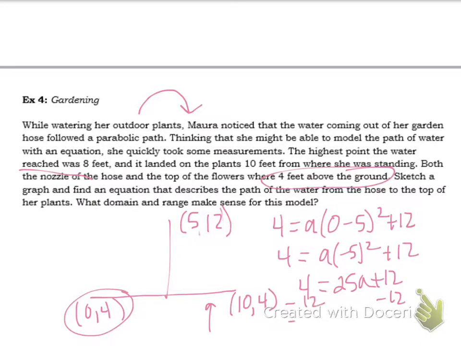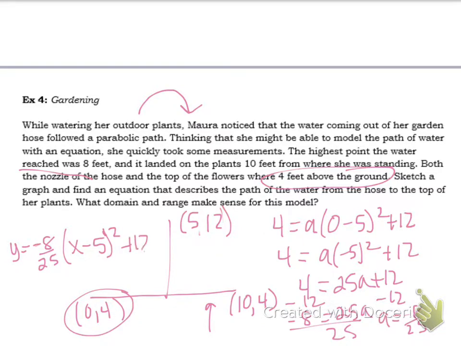Subtract 12, you get negative 8 equals 25a. Divide by 25, a equals negative 8 over 25. Okay, so your equation then is y equals negative 8 over 25 times (x minus 5) squared plus 12.